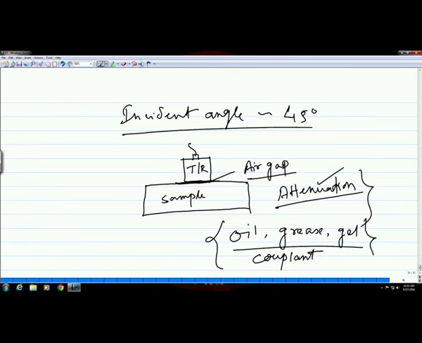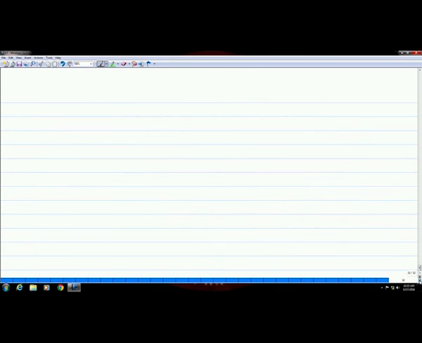Okay. So, this couplant should satisfy certain requirements for it to be used effectively and for it to exclude the air gap. So, the couplant must satisfy the following requirements.